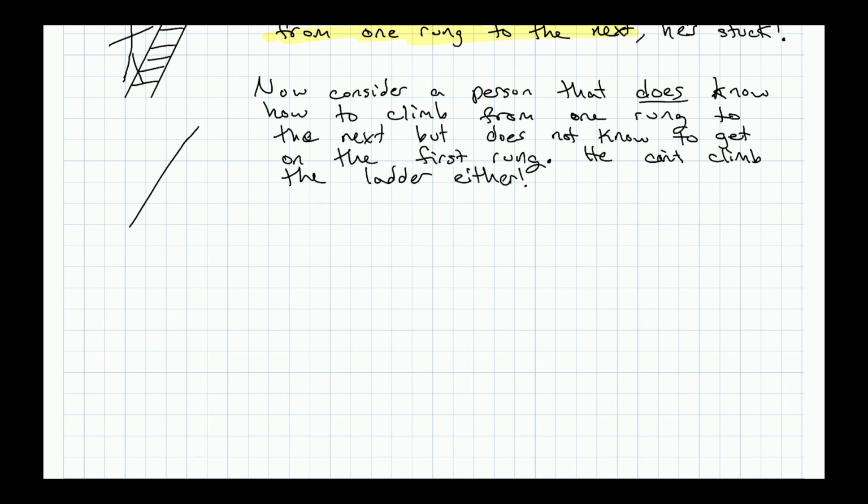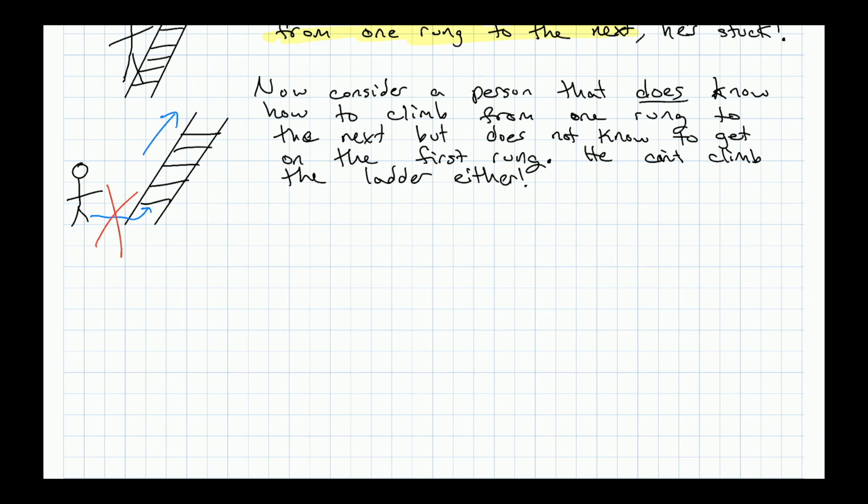So you still got your ladder, but now you got your guy and he's over here, and he would be able to climb the ladder, but he does not know how to get on the ladder. In order to go from here to here, that's what he does not know how to do.